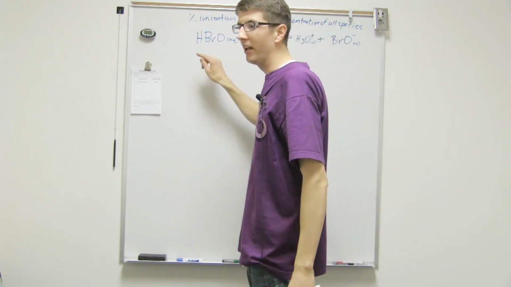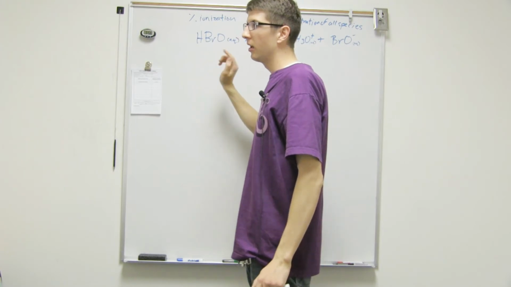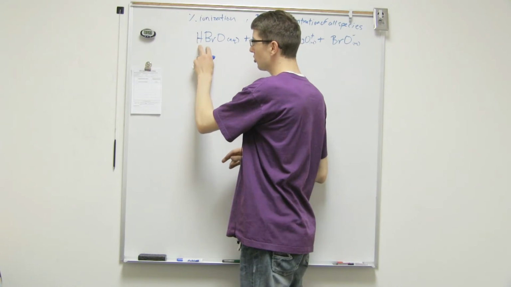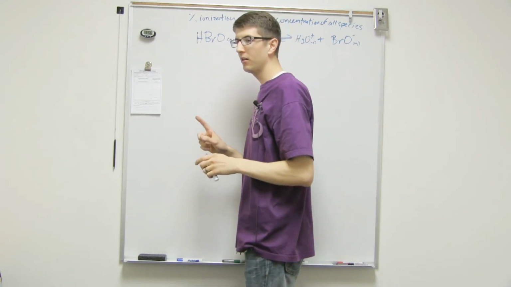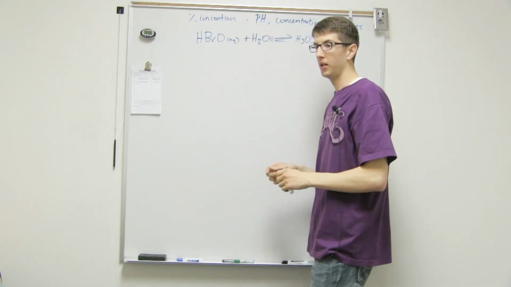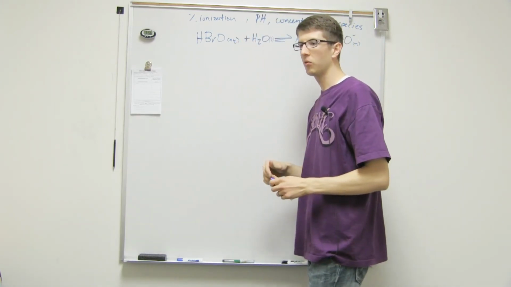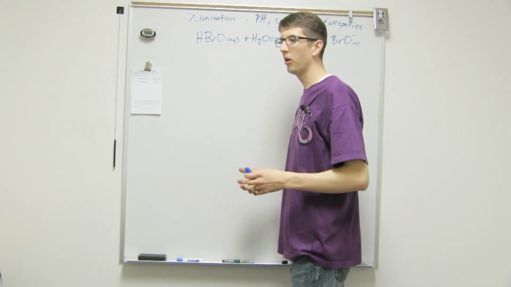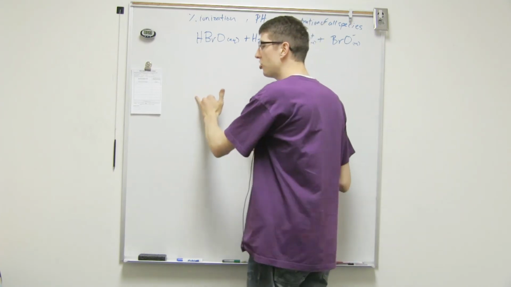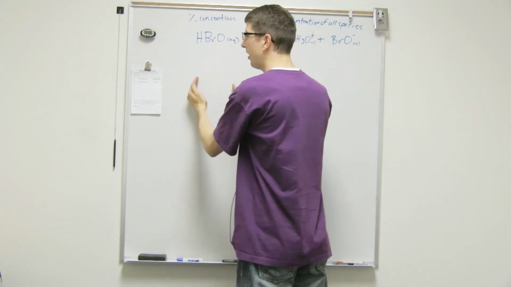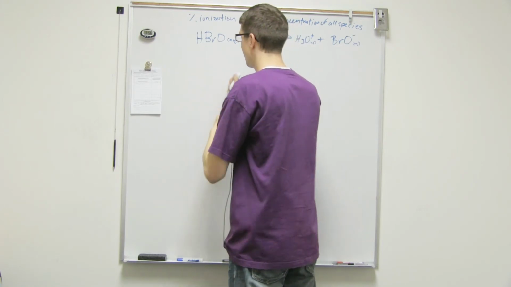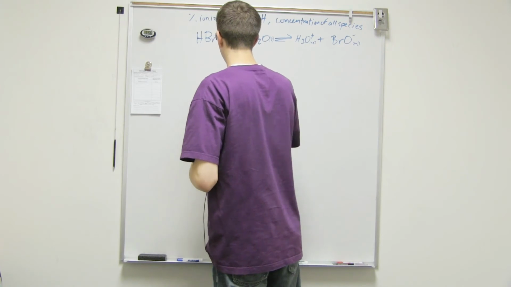It's weak enough that it can break. If it's a weak acid, that means the bond between the H and the Br is a little bit stronger than what a strong acid would be. A strong acid just lets go of that H real quick, which means it's almost like it doesn't even necessarily want to hold it, right? So the bond between the H and the anion of a strong acid is relatively weak.